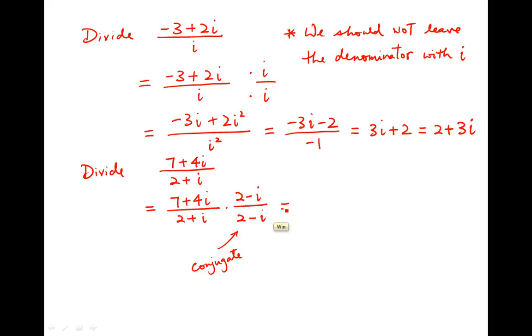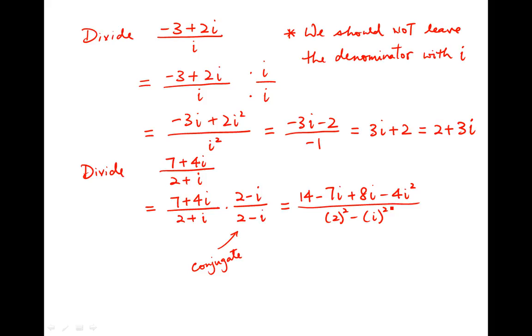So on the top, we are going to FOIL that. So I have 14 minus 7i plus 8i minus 4i squared over, and in the bottom, I have a squared minus b squared. So that will give you 2 squared minus i squared. As you can see, i squared is negative 1, so we have no more i in the bottom.